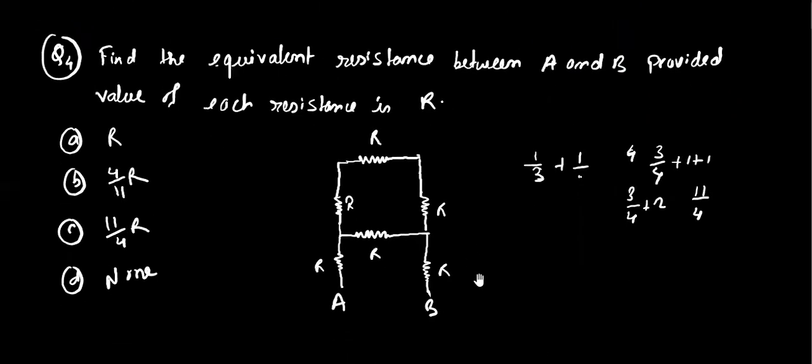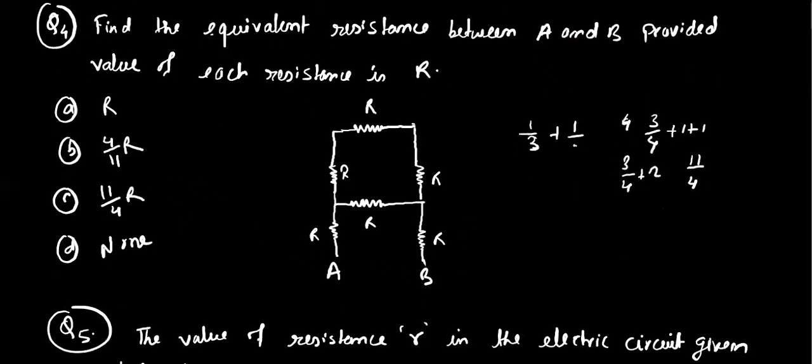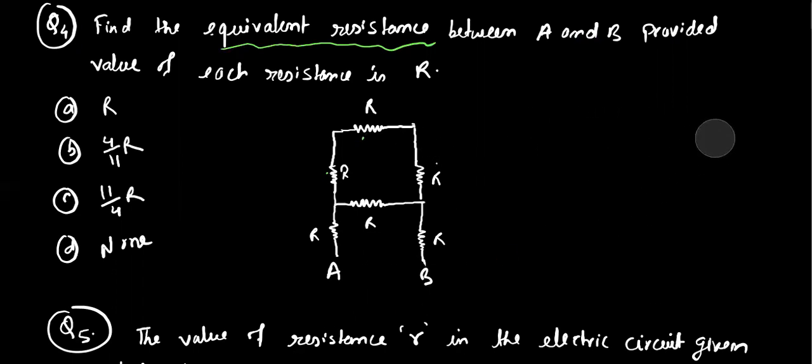Okay, now we're heading towards question number 4, and the question is again the same: equivalent resistance between A and B. Here we can easily see that these 3 are in series combination.